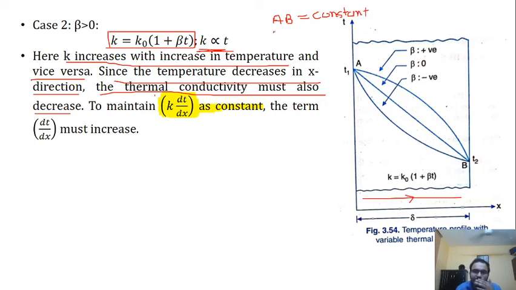Then if one term is decreasing, the other term must increase, so that the overall multiplication remains constant. So the term dT by dx in such case must increase. That's why we are having such a curve.